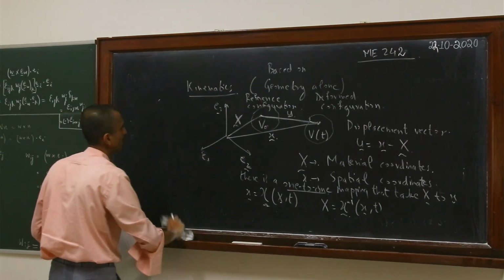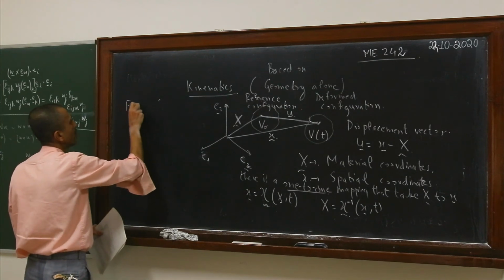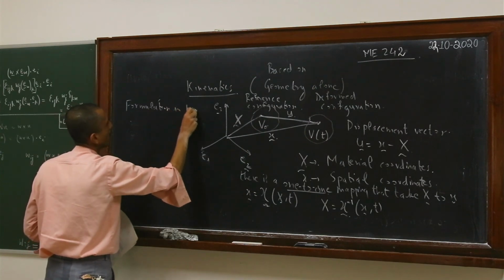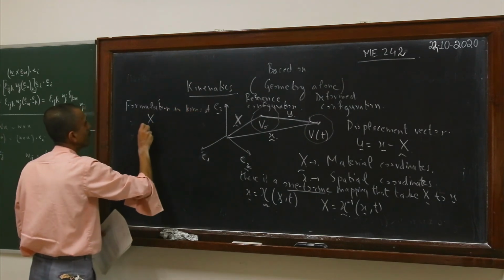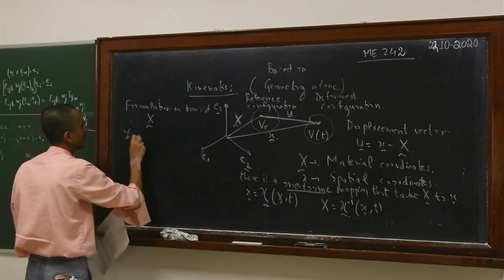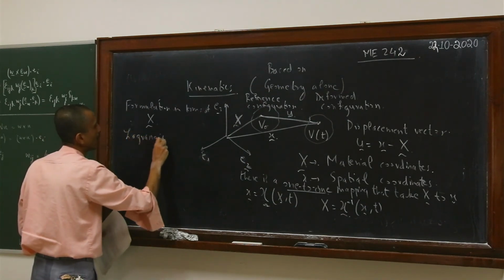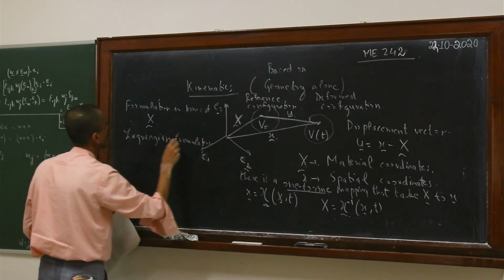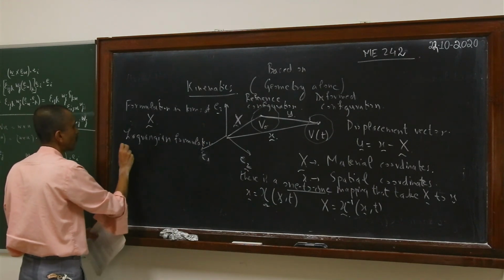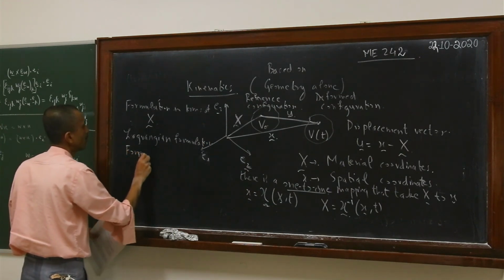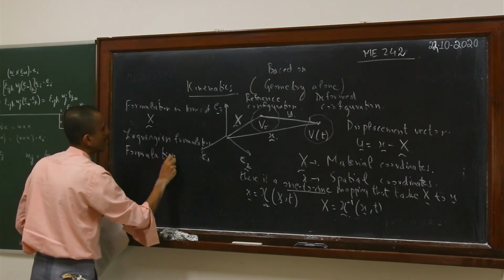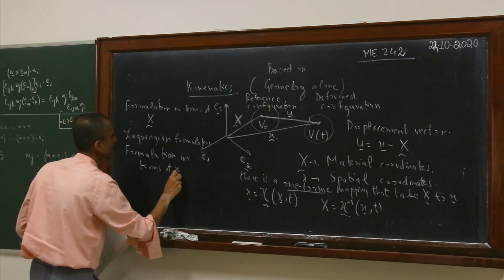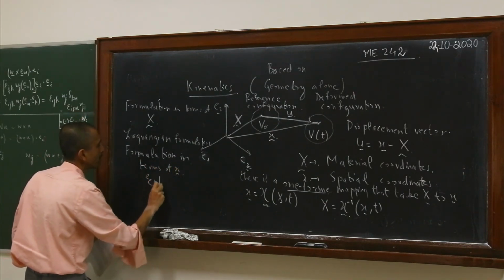Formulation in terms of capital X will be known as Lagrangian formulation, and formulation in terms of small x is known as an Eulerian formulation.